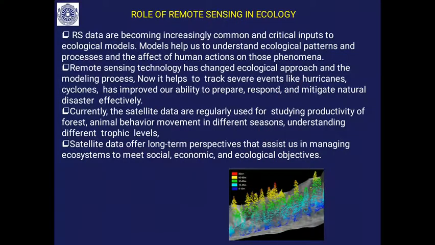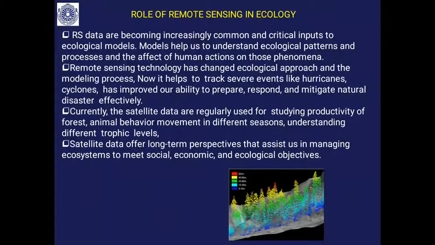Remote sensing data are becoming increasingly common and critical inputs to ecological models. It is very important for deriving an ecological model that we have this data. The models help us understand ecological patterns and processes and the effect of human actions on these phenomena.